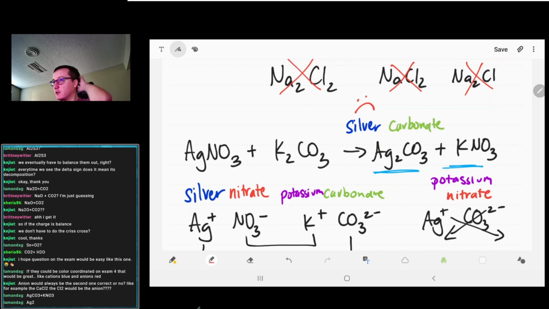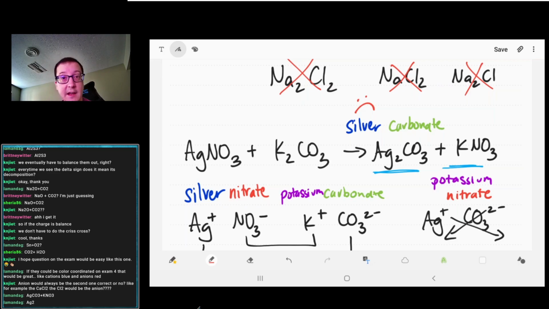So the ions are swapping, and so as a result, your names are also going to swap. So if all this charge balancing stuff, maybe you don't want to think about it in terms of symbols with their charges. If you can translate the names, you can do it that way too.